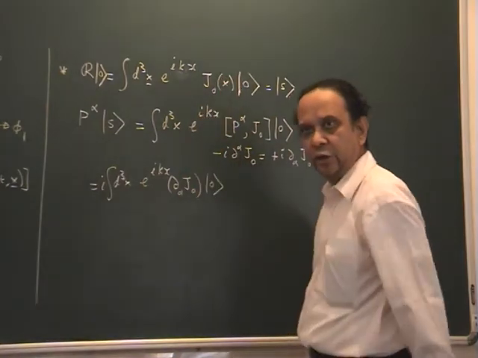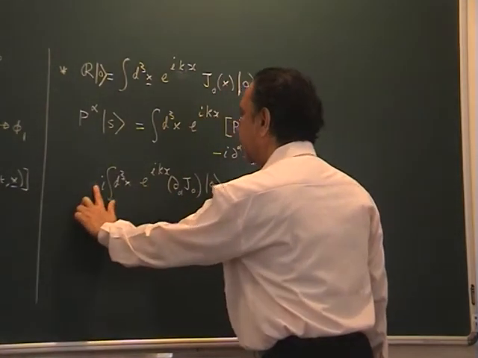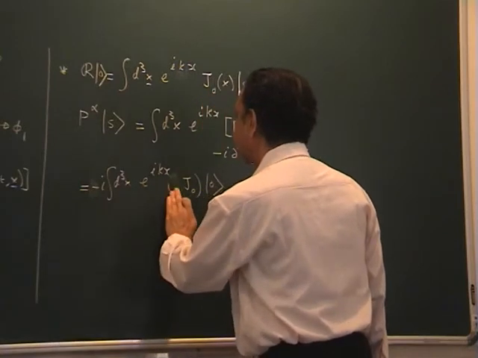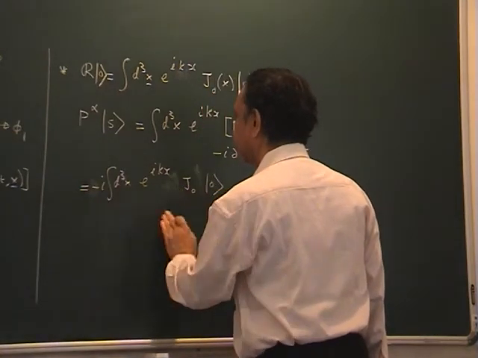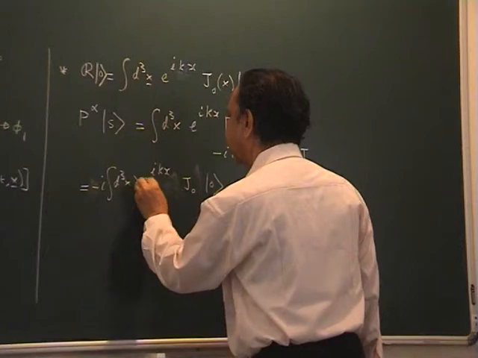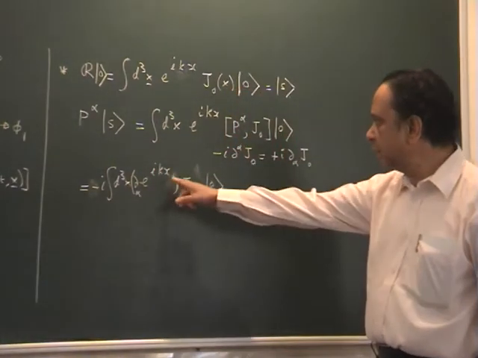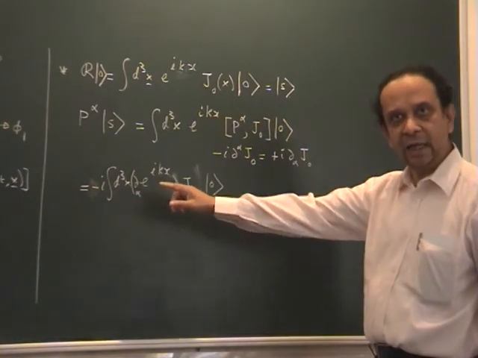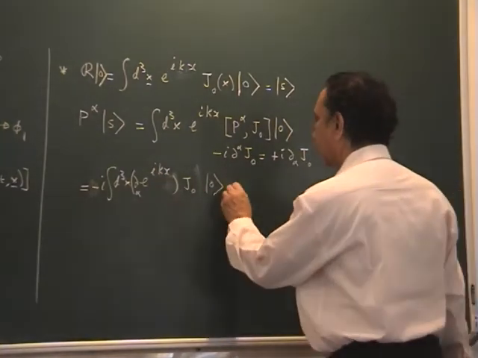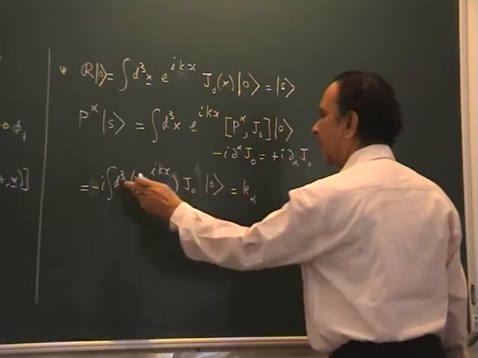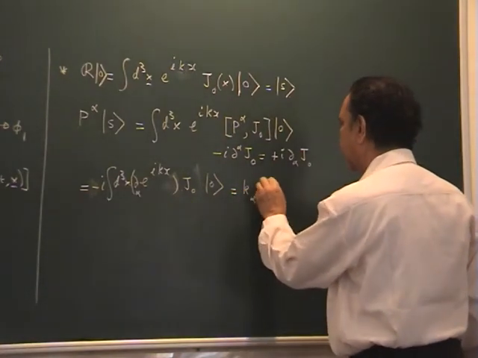That integrated you ignore. So you are going to end up getting a d alpha acting on this term with a minus sign. Okay, that is going to be I k alpha. So that is going to be k alpha. I and a minus sign will take care of itself.